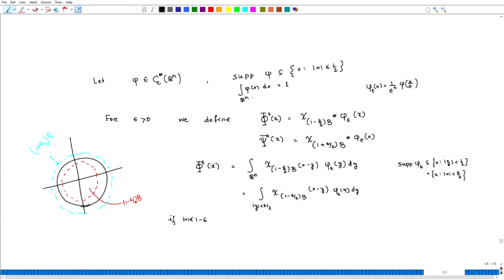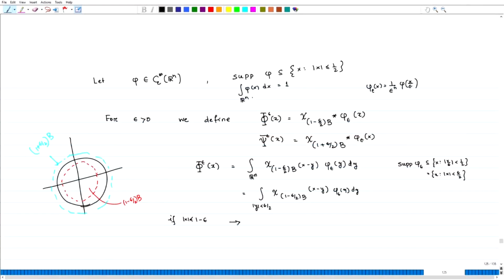So, that gives me 1, and the integral of phi epsilon is equal to 1. Therefore, if this happens, then capital phi epsilon of x is equal to 1 if mod x is less than 1 minus epsilon.